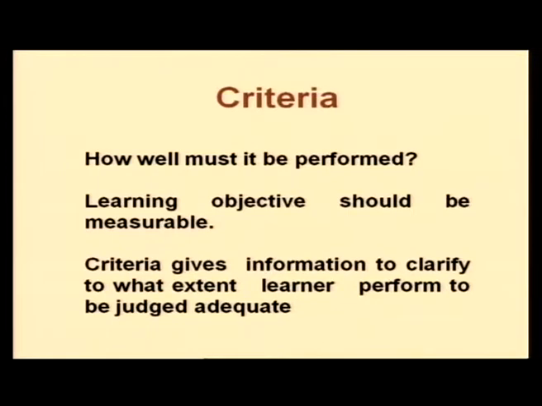The second point under the criteria is that a learning objective should be measurable, and that is why we write the criteria. The criteria gives us the information to clarify to what extent the learner performs and how it can be judged.